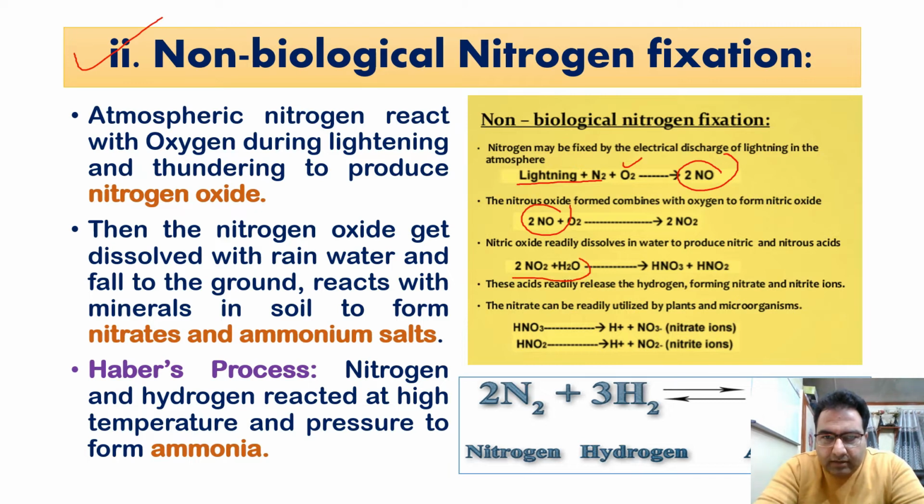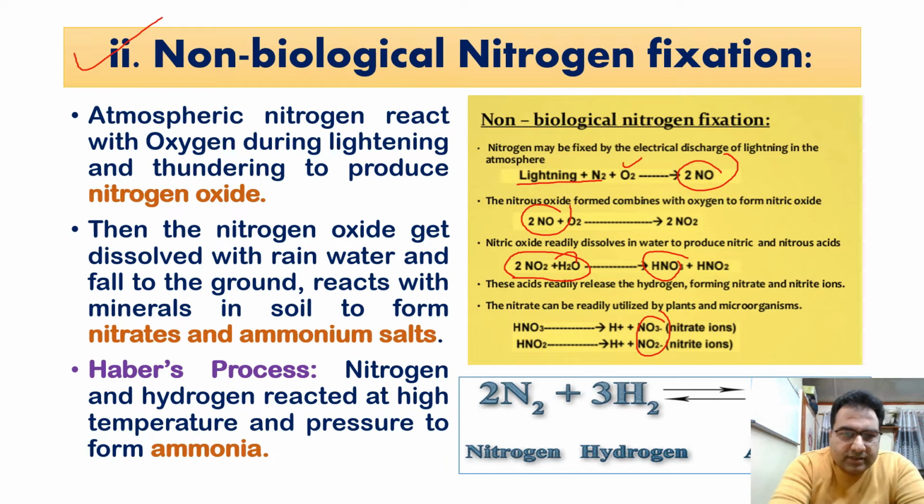It gets mixed with water in the soil to form nitrates and ammonium salts. This is the ammonium, and these are the nitrate salts. It can be NO3, that is nitrate, and NO2, that is nitrite.